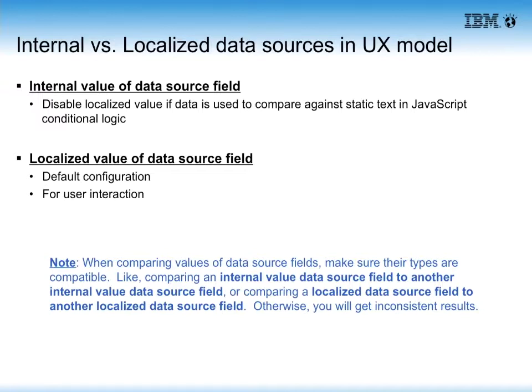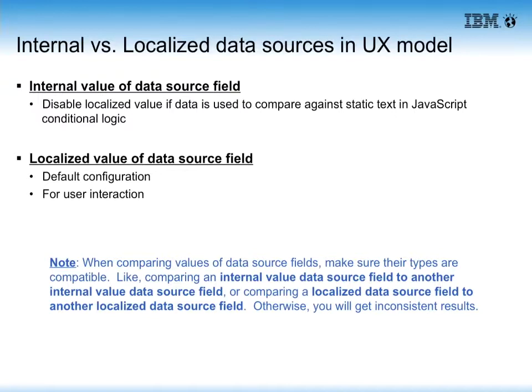So when do you not use the localized value of the data source field? You will disable the localized value if the data is used to compare against static text in the JavaScript conditional logic. For example, you have a classification status field and you have logic in your JavaScript that would check for the value of that particular classification.